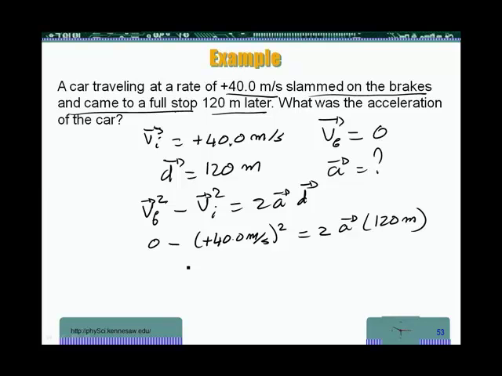So if I calculate this, that gives me A is minus 40 squared, that's 1,600 meters squared per second squared, over 2 times 120, that's 240 meters. Okay, one of the meters cancel, and I have 1600 over 240, or 160 over 24.